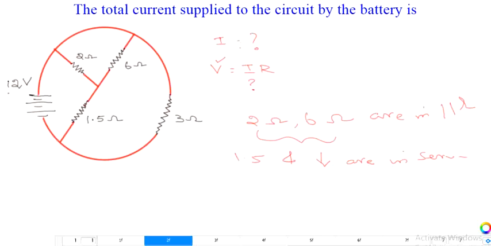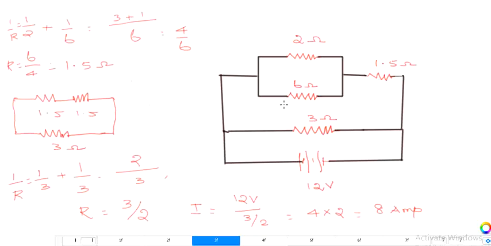Now, we are finding this one first. After that, we are finding the total resistance of this arm, and this arm is parallel, and we are finding the total resistance of the circuit.